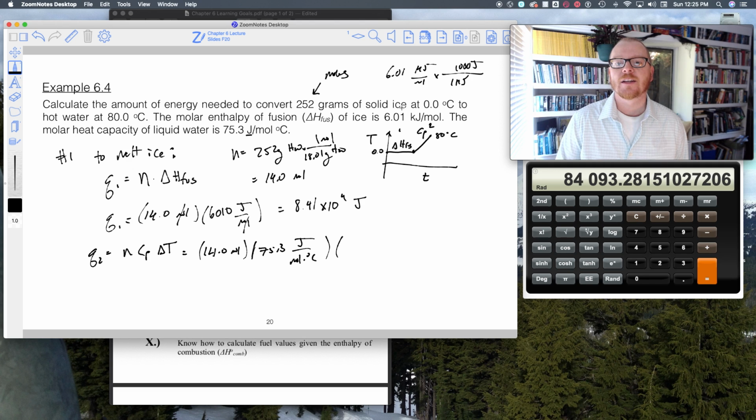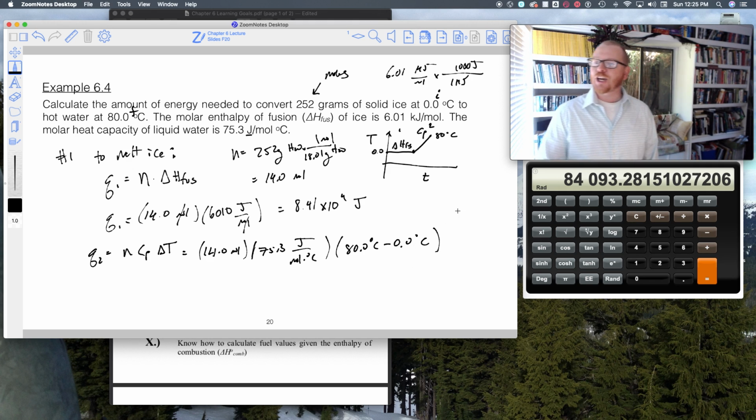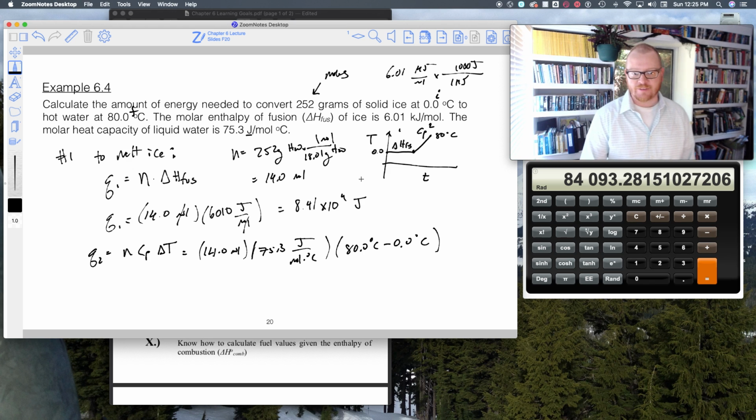It's solid ice at 0 degrees initially, and it's going to end up at 80 degrees for the final temperature. So I can say 80.0 degrees minus 0.0 degrees C. I could have just put 80 in there, but I did it to be complete so you can see how it works.